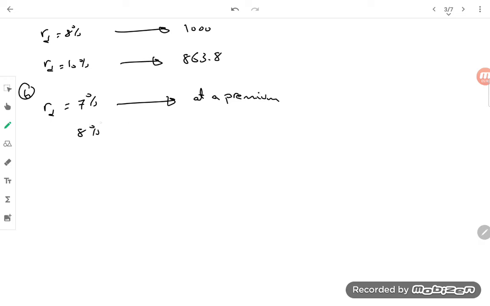In case of 8%, it's 1,000, so it's sold at its par value. And for 10%, it's sold for 863.8, which means it's sold at a discount.